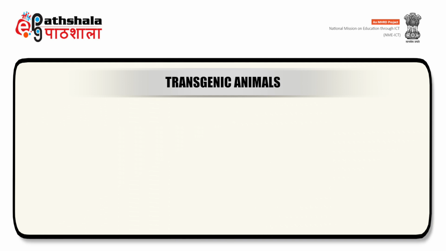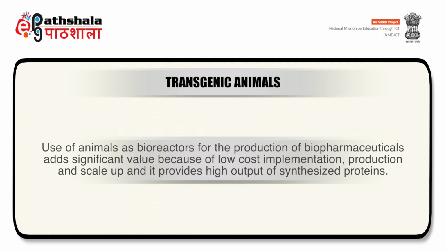Now, we will switch to the next system, that is the transgenic animals. Use of animals as bioreactors for the production of biopharmaceuticals adds significant value because of low cost implementation, production and scale-up, and it provides high output of synthesized proteins.